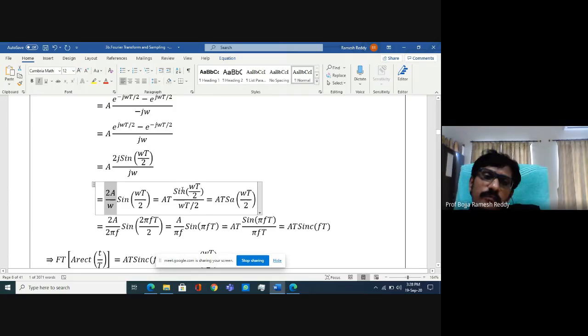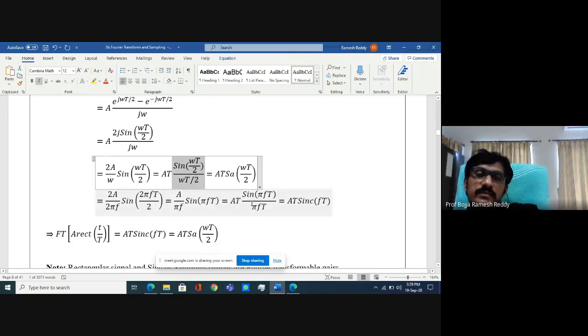Now it is of the form sin theta by theta. Sin theta by theta is equal to sampling theta. This is the formula; call it the sampling signal, sinc or sampling signal, two different ways of representation. Therefore, this ratio is called sampling of omega T by 2, with amplitude A T.